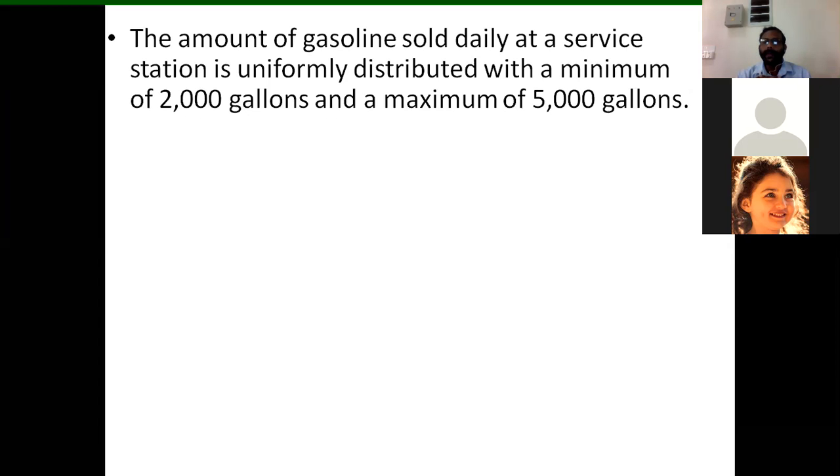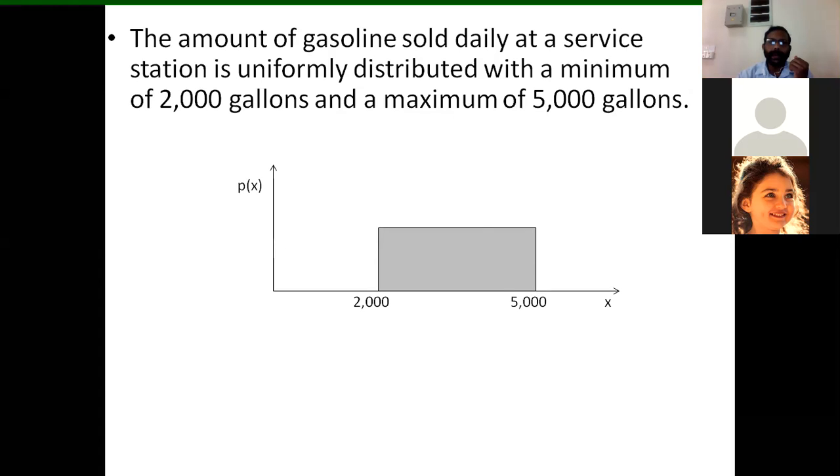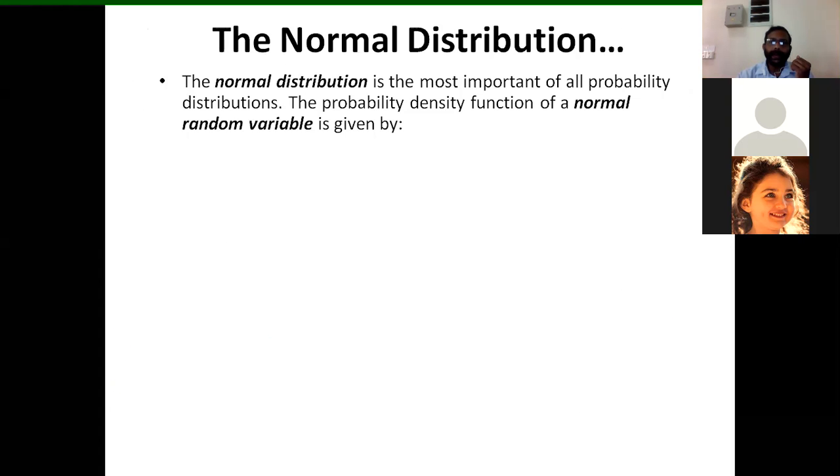So we talked about the probability distribution of a discrete random variable. Now we are going to look at the probability distribution of the continuous variable. What is the difference between continuous variable and discrete variable?